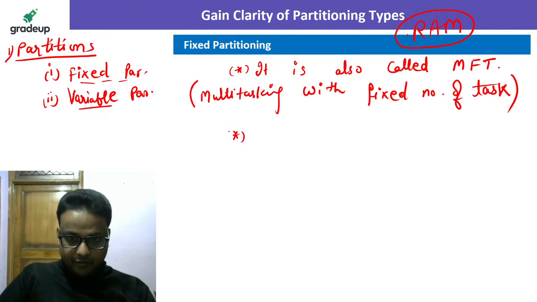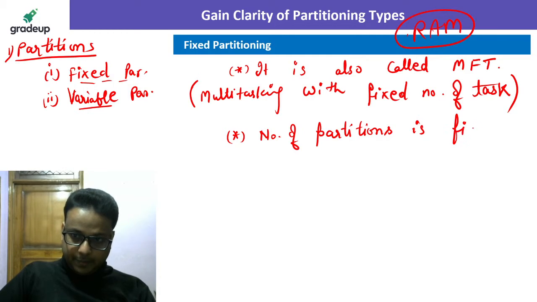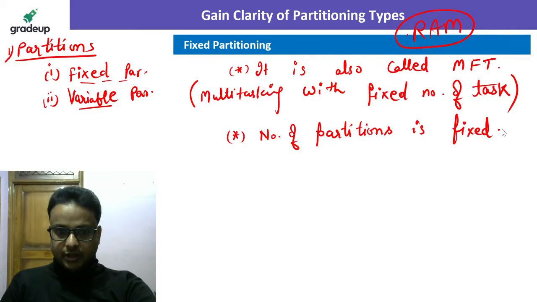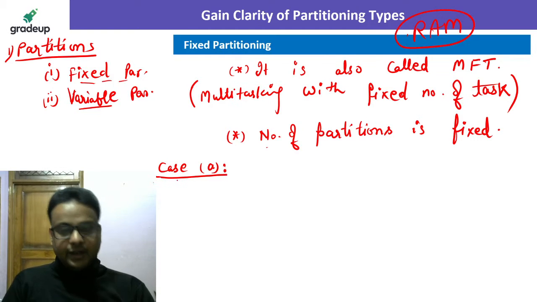And one more point which you should know here: the number of partitions is fixed. Means how many partitions we have to make is already fixed, right? Because the number of partitions is fixed, we have two cases, case A and case B.